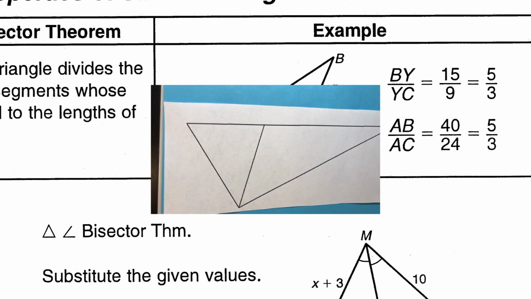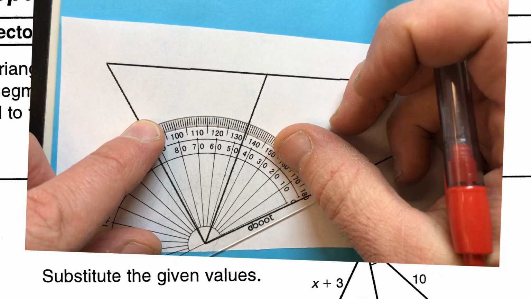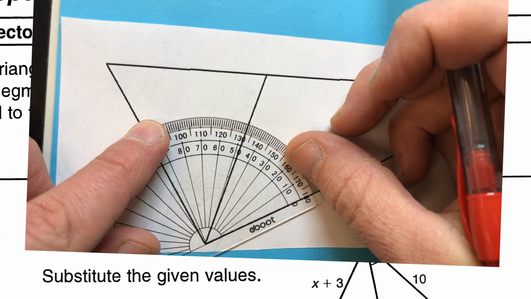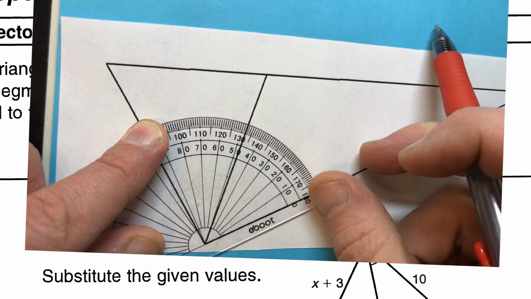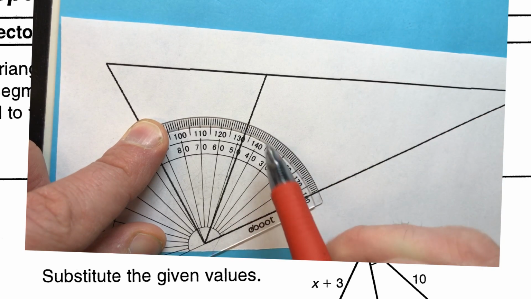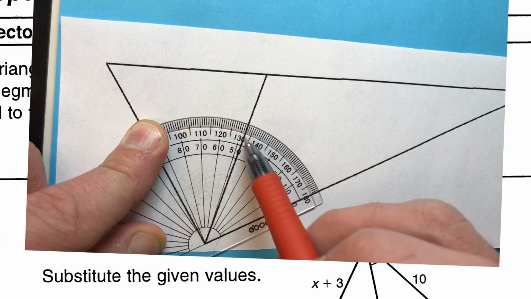Okay, now first thing I want you to see here is, and you don't have a protractor, I just want you to see this. So how big is this angle right here? So this is kind of hard to read, but here's 40, there's 45, 46.